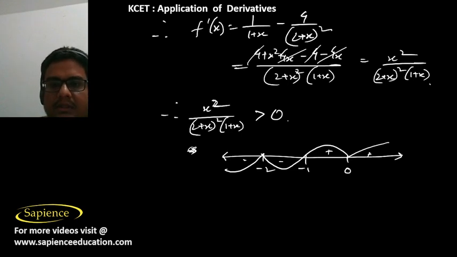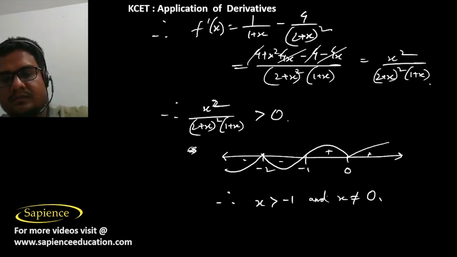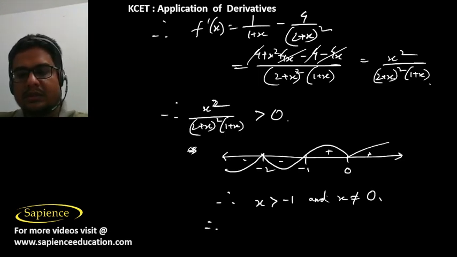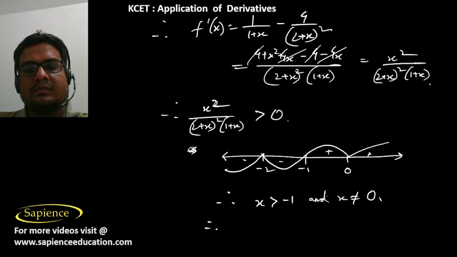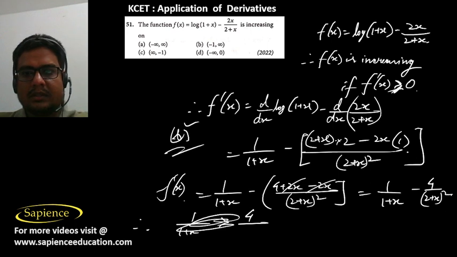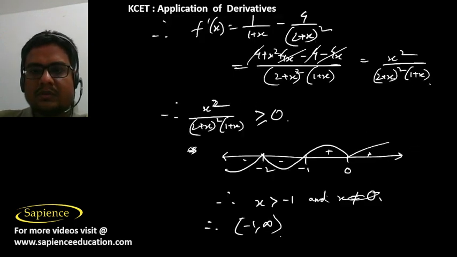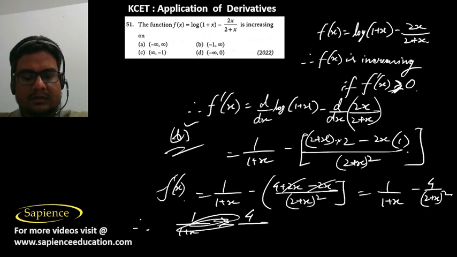We need only the greater than, should be greater than 0, equal to should not be included. The required interval where f is increasing is minus 1 to infinity. Okay. Option B is the correct answer. Here the equal to is included. Option B is the correct answer.